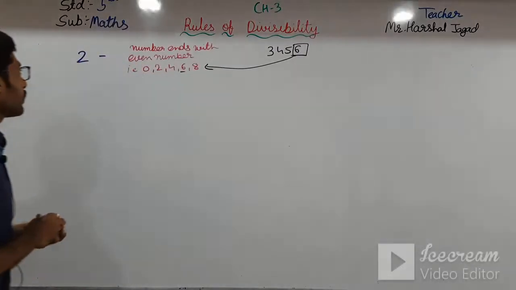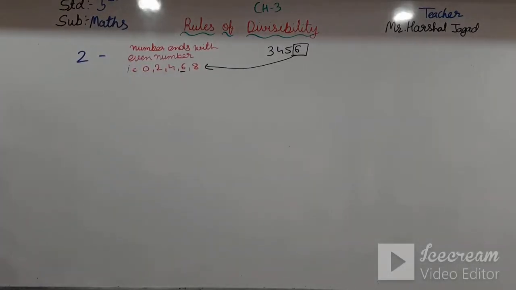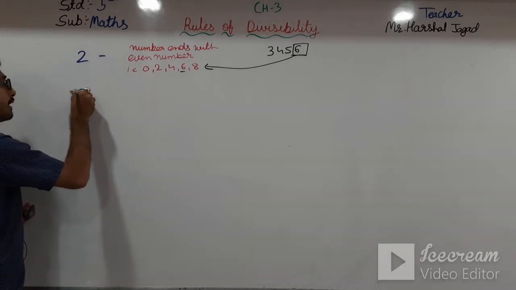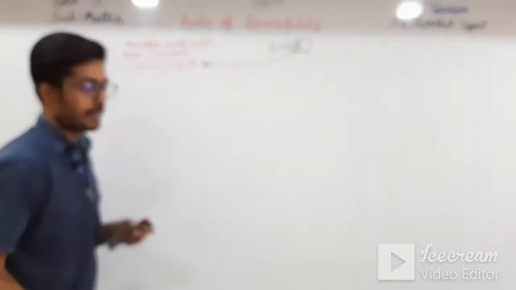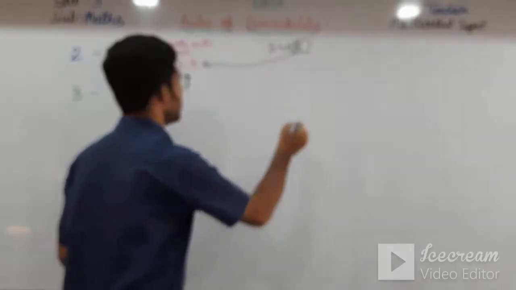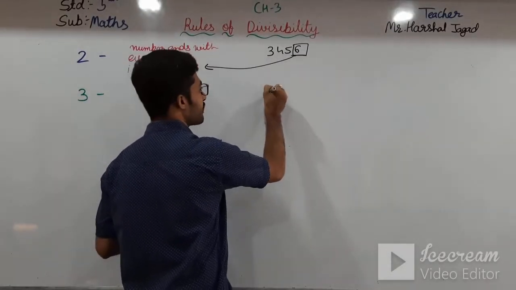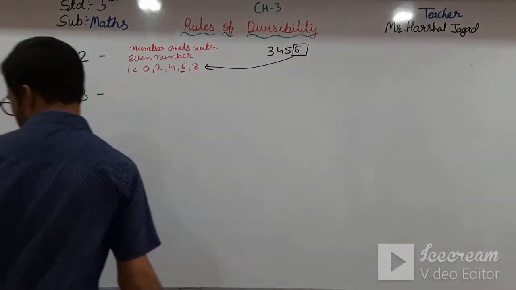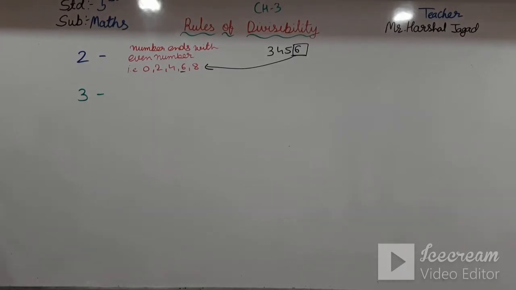Now, moving towards the divisibility test by 3. How is a number divisible by 3? I take an example from the textbook only.